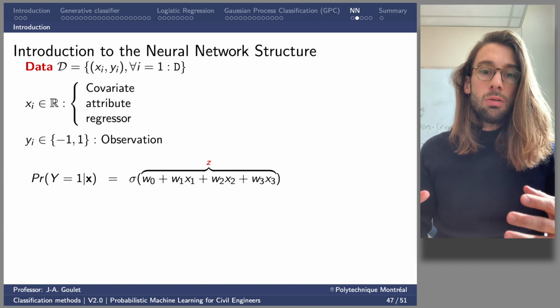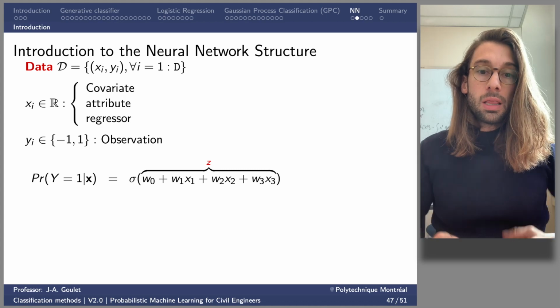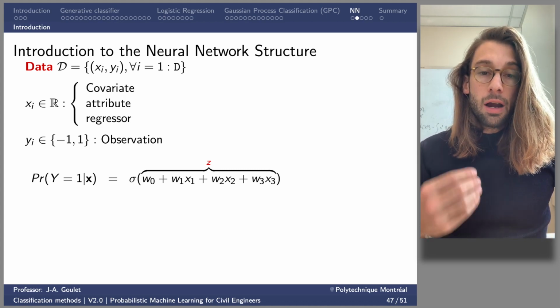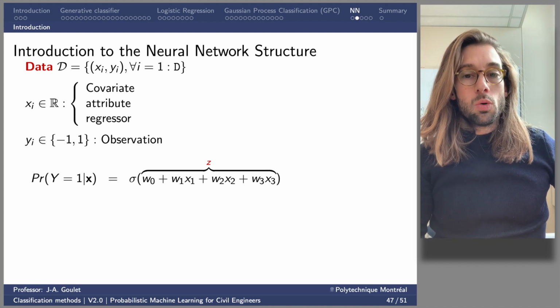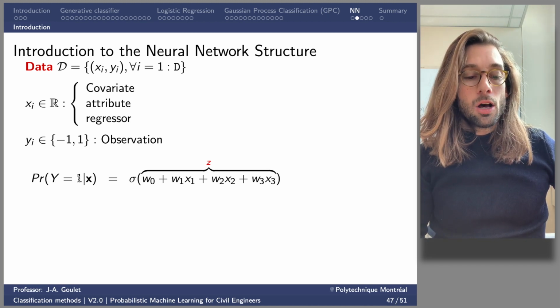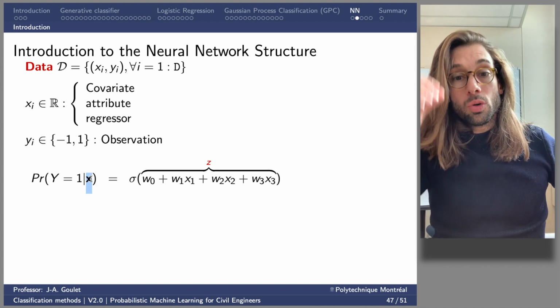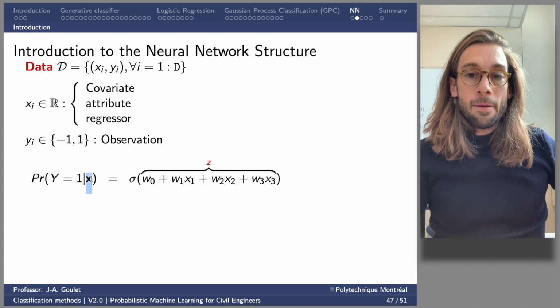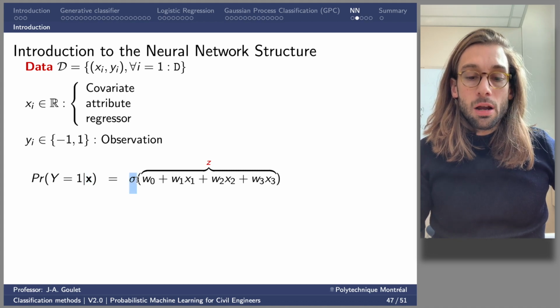And what we want to do is to use that neural network in order to build that discriminative classifier, that's going to model the conditional probability of Y equals 1 given my observed covariate X. And to do this is going to be very similar to what we did with logistic regression. We're going to have a nonlinear function, which takes as input a function.